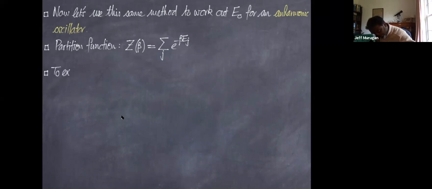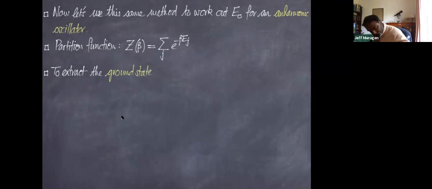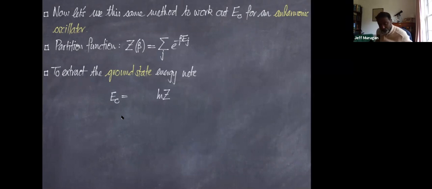So to extract the ground state energy, we note that if we take the partition function, take its logarithm, so we take log of Z, divide that by a factor of beta, and then take the limit as beta goes to infinity, then what we will get is not the ground state energy, but actually minus the ground state energy.